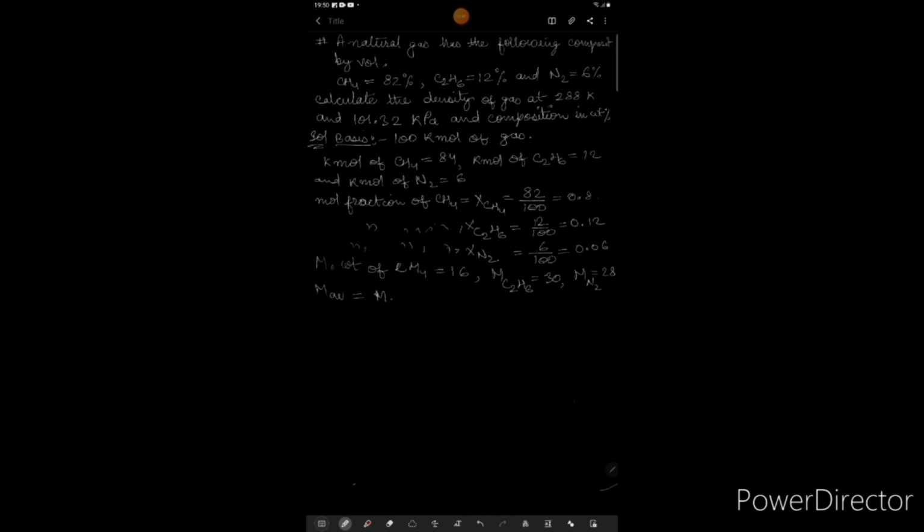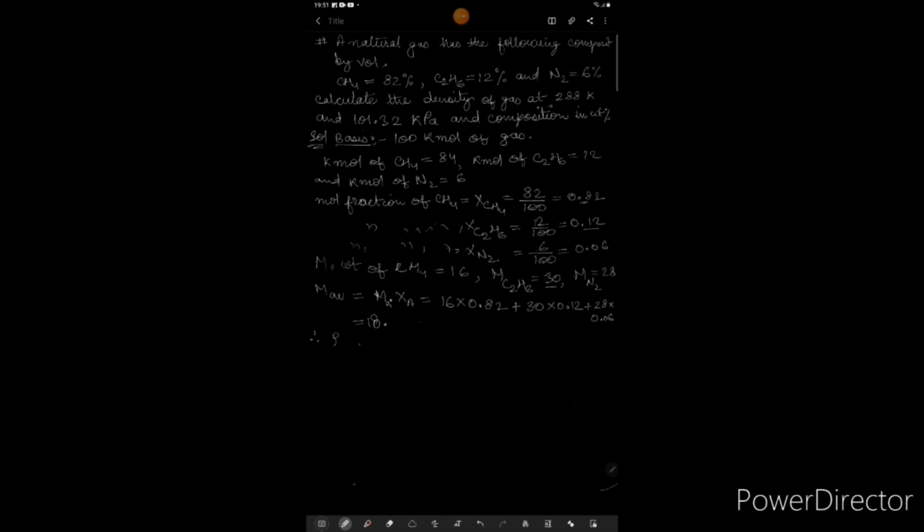So molecular weight of CH4 is 16 into 0.82, plus 30 for C2H6 into 0.12 mole fraction, plus 28 into 0.06. So M average comes as 18.4.